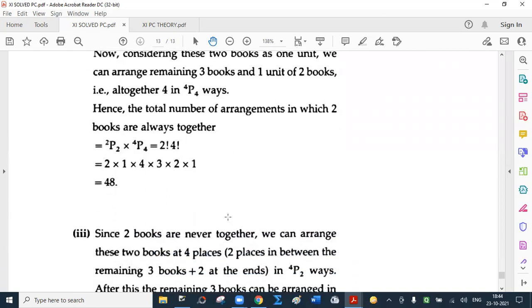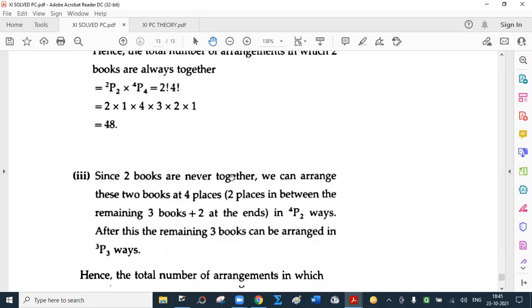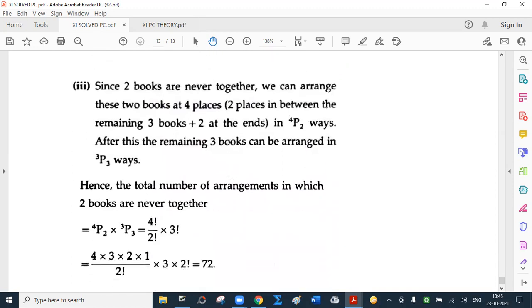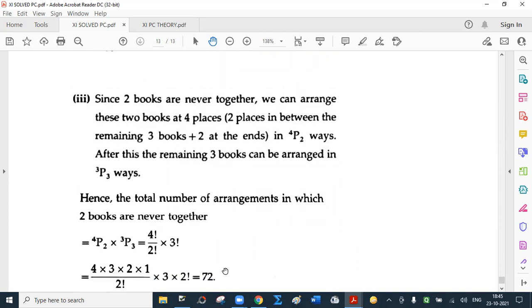Now out of 120 arrangements, in 48 arrangements 2 particular books are always together. So in the remaining they are never together. So 120 minus 48, that is 72.